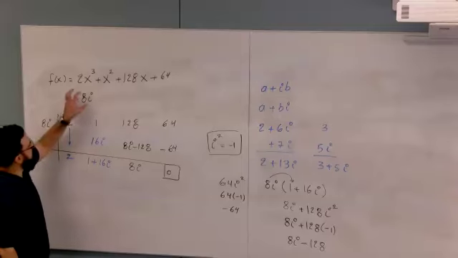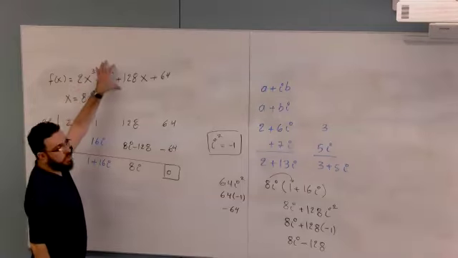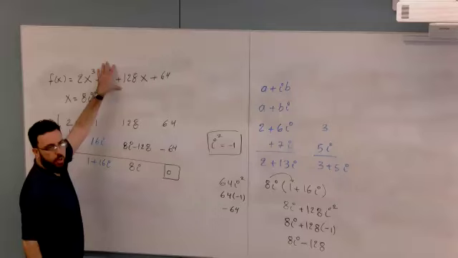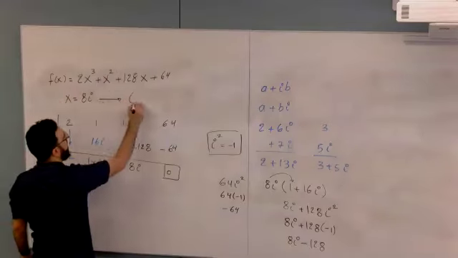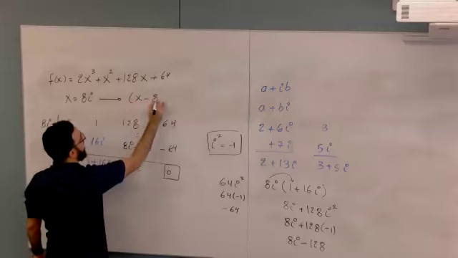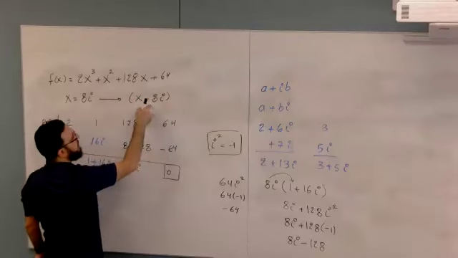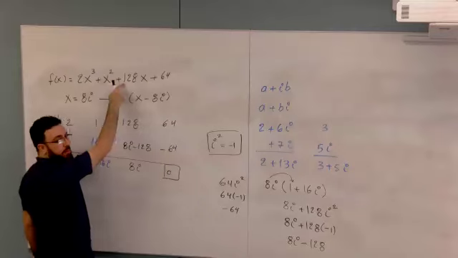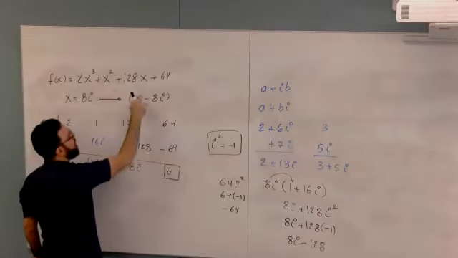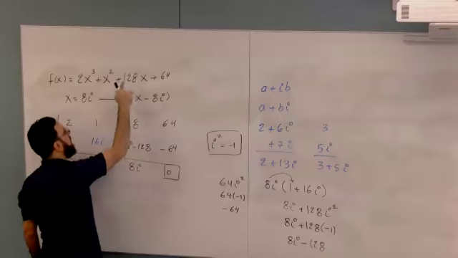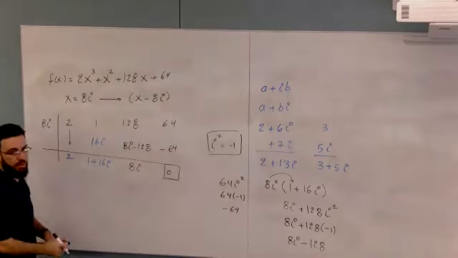That means, yes, 8i is a 0 for the polynomial, which means x minus 8i is a factor of the polynomial. This is called the 0 of the polynomial, and this one we can call the factor of the polynomial. It's the same thing.